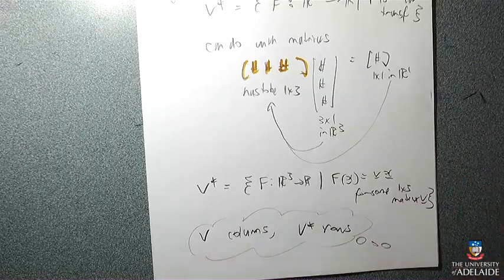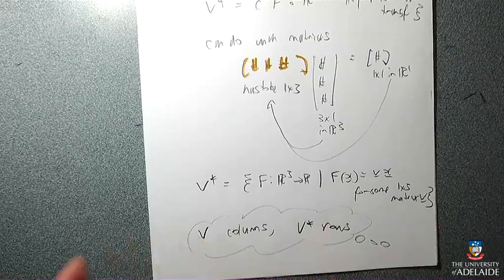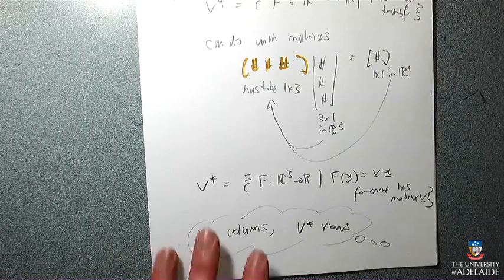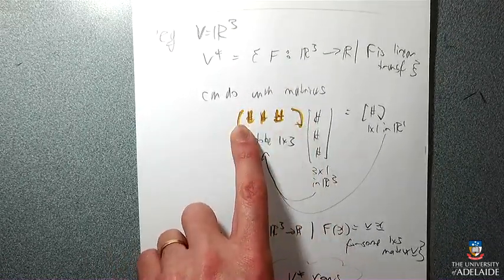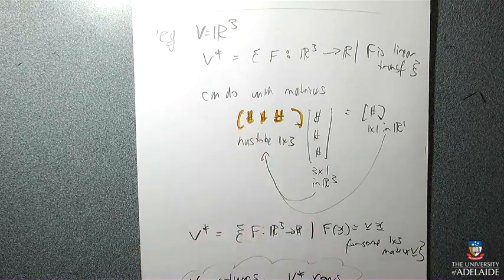And so that would mean that there would be a natural way of mapping from V to V star. So in this case, V and V star are isomorphic to each other. They're just differently shaped. Like I represent them differently, but they're the same thing. Because this is a vector in V, it's just written as a row. So I reckon this is the canonical isomorphism you might be thinking of.